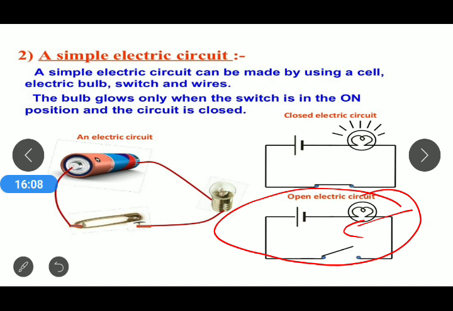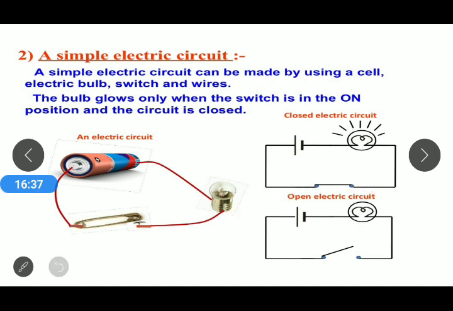But when we switch on the circuit and the electrical current flows, in other words when the circuit is closed, and we touch the bulb, we feel some kind of warmness.